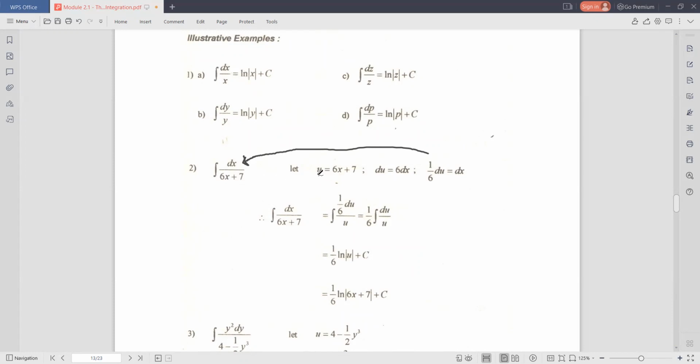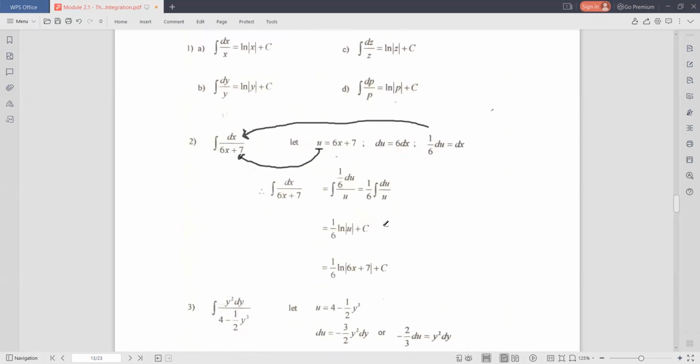So you will have 1/6 du over u. Then we take the constant out, that is 1/6 integral of du over u. What is the integral of du over u? Simply, it becomes ln of u plus c.